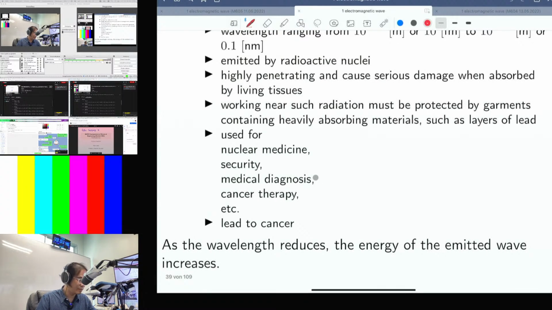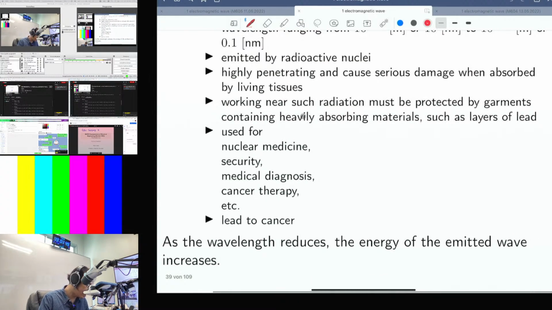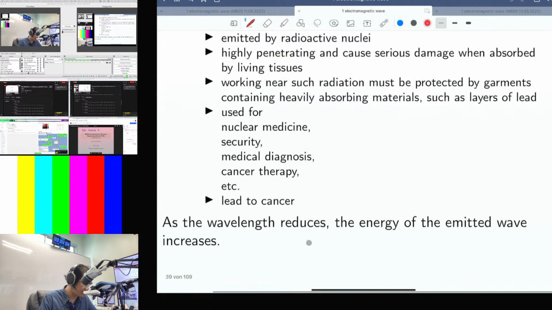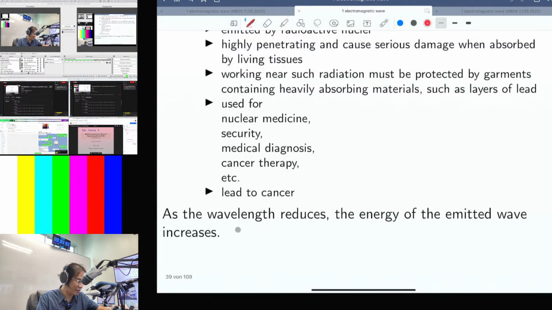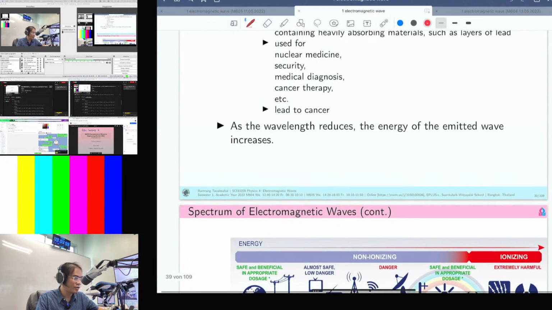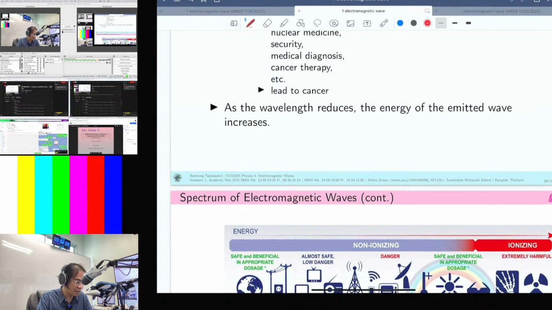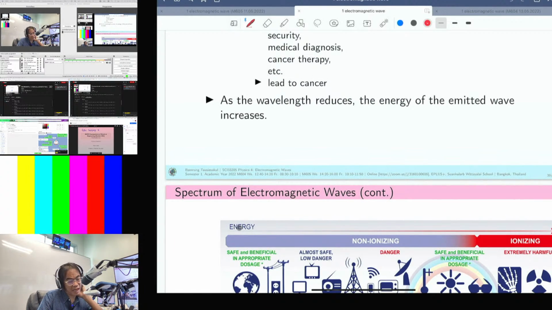As you can see before, when the wavelength reduces, the energy of the emitted wave increases. When the frequency is higher, you get a higher amount of energy. And if you go to chapter 6, there is a formula involving the Planck constant: E equals hf.